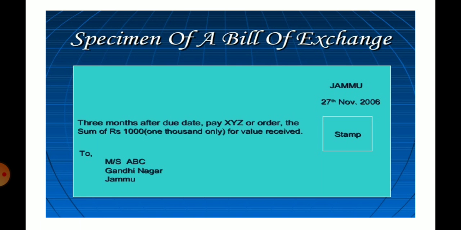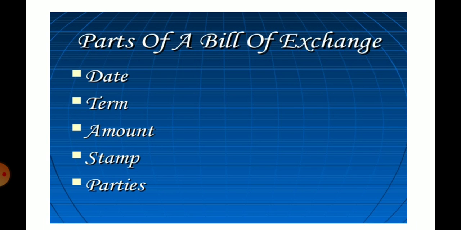So this is a specimen copy of the bill of exchange. You can see here, it includes the stamp, the date of the bill, place, amount, and the maker of the bill. This specimen is helpful in understanding bills of exchange.